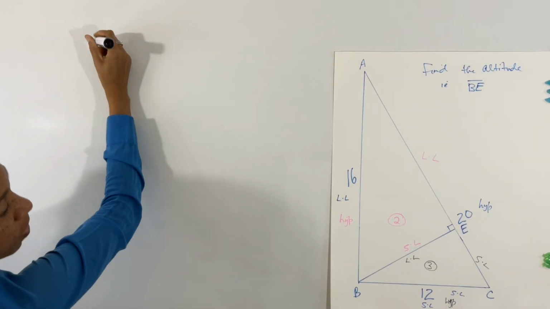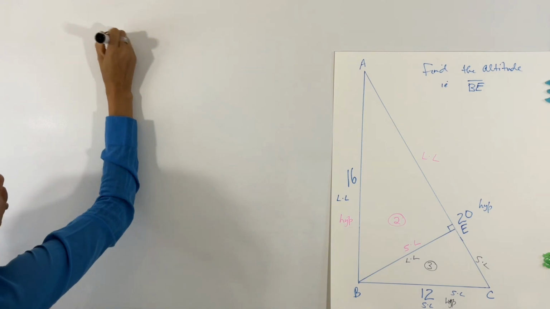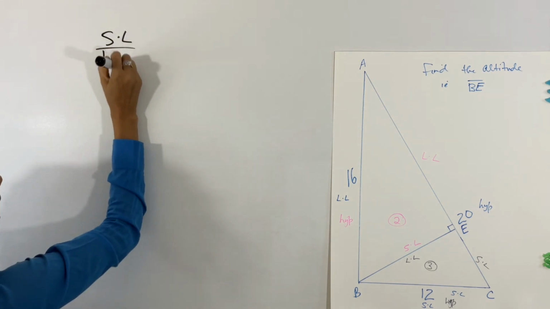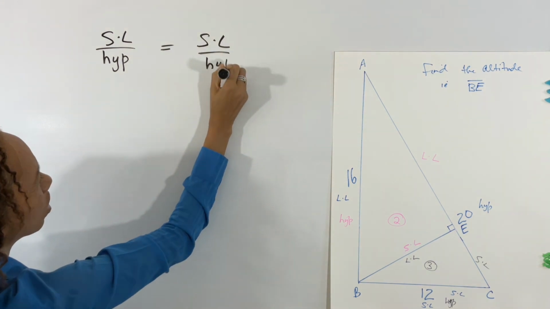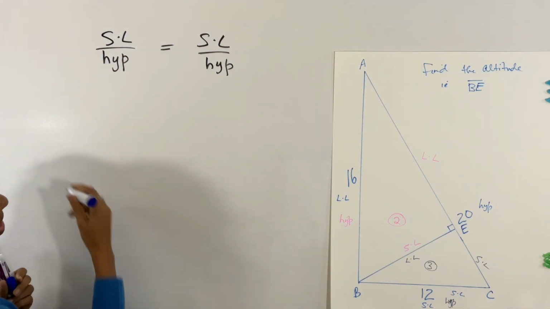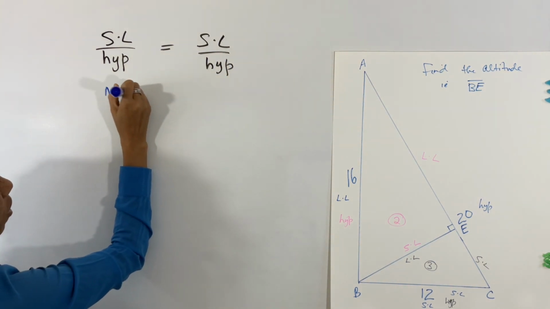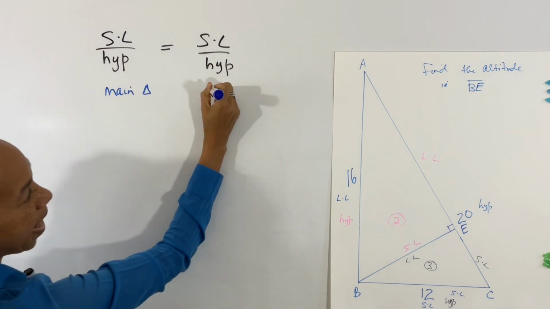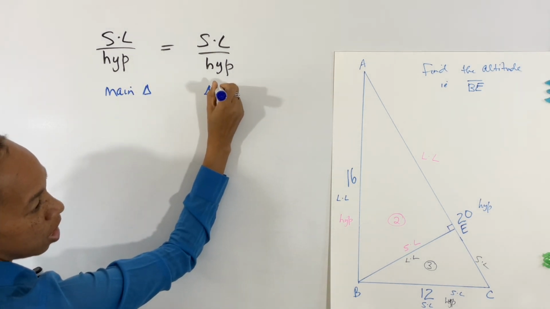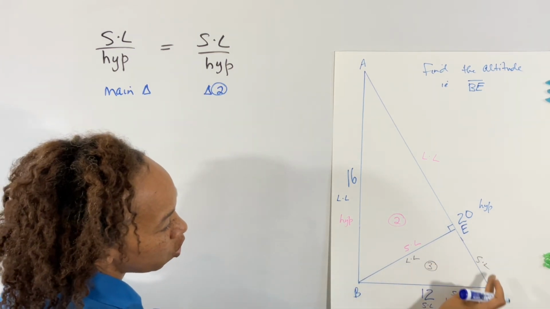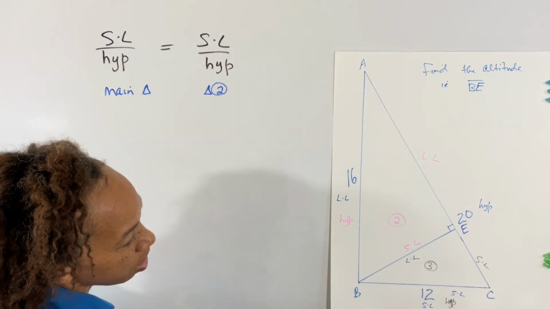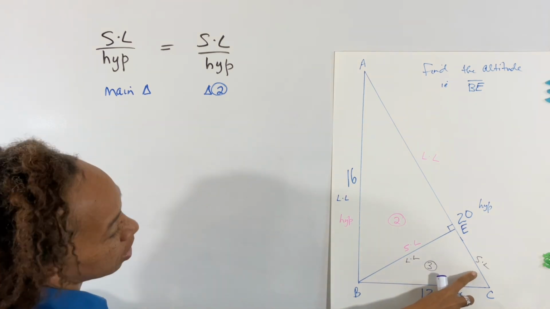So I have my short leg over my hypotenuse, set equal to short leg over hypotenuse. I'm going to write on top here that I'm dealing with the main triangle first, followed by triangle number 2, because I can't use triangle number 3 because there's no measurement here for the short leg.